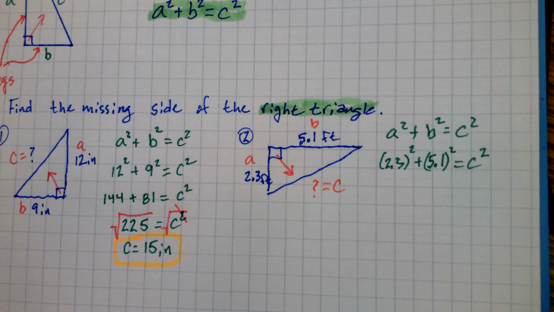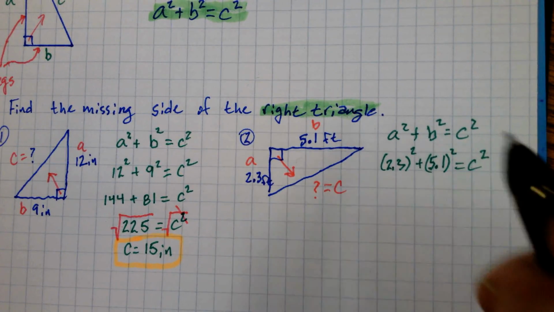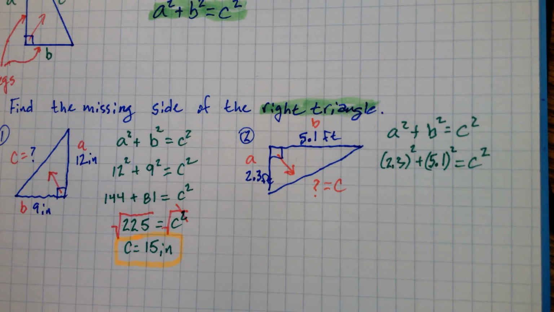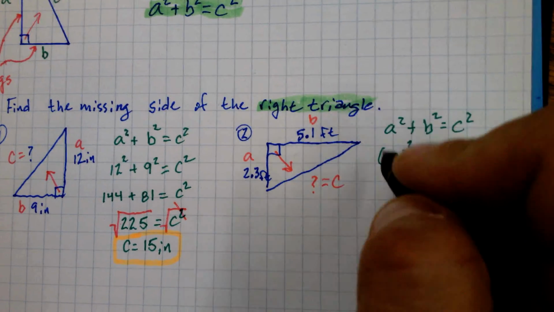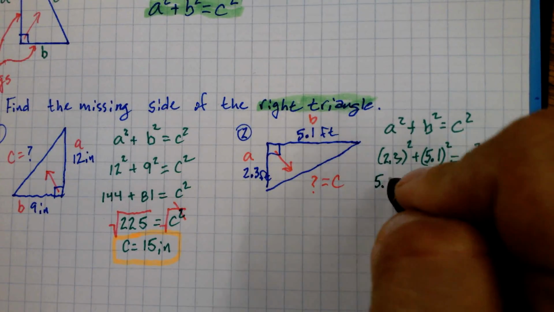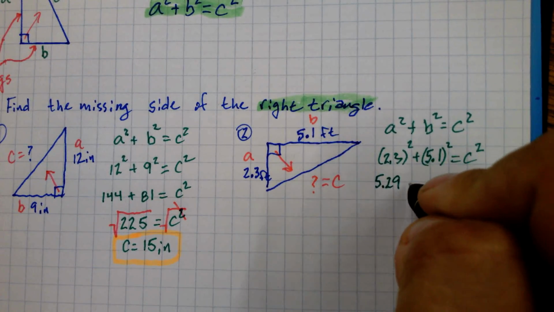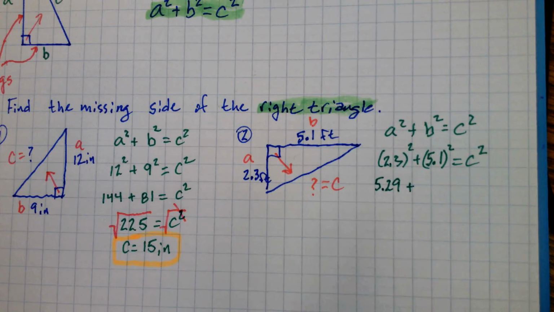So in your calculator, do 2.3 squared. How much is that? What are we going to get there? 5.29. Okay.